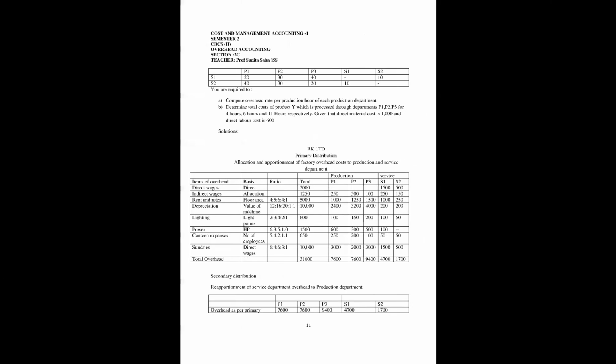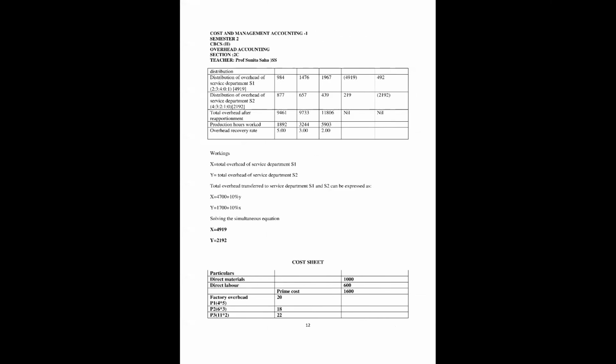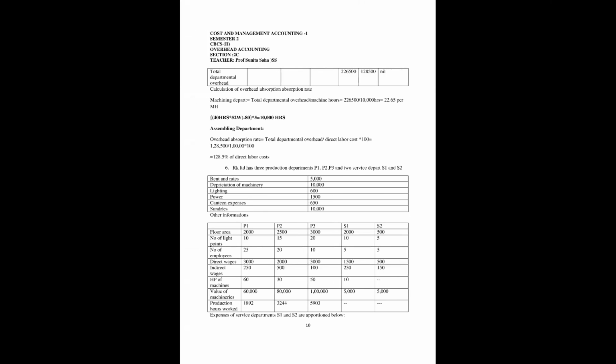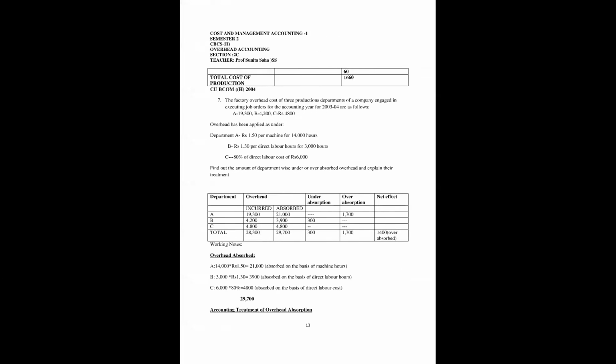Or maybe indirect wages. For the indirect wages, we don't use the indirect wages, we use the direct wages. We have the direct wages. Anyway, at least the message has been gotten. The most important thing is that you have gotten the basis of apportionments. That's what we wanted you to get.